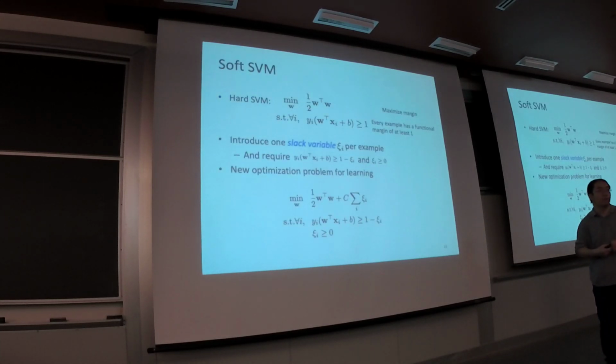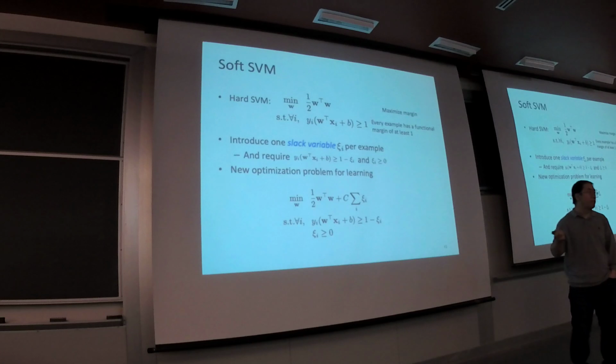Then we incorporate this term. We want to allow as few examples as possible to break into the margin. That means we want to minimize the training error at the same time, right? So this term just penalizes the number of examples that break into the margin. The ideal case is that this term is simply 0.